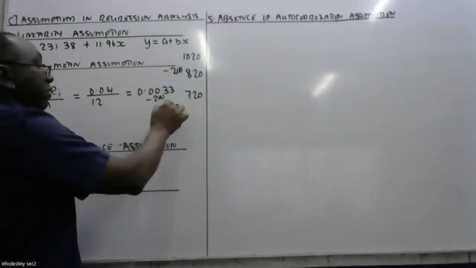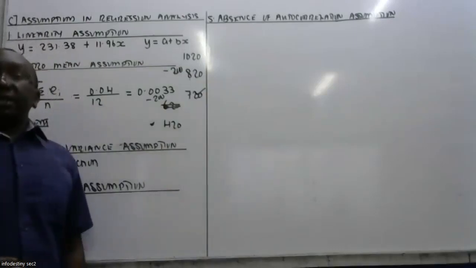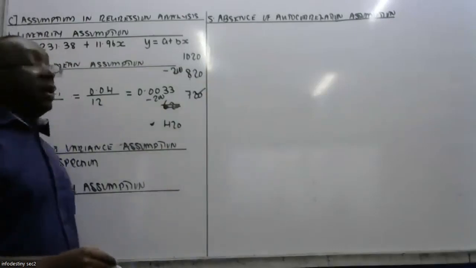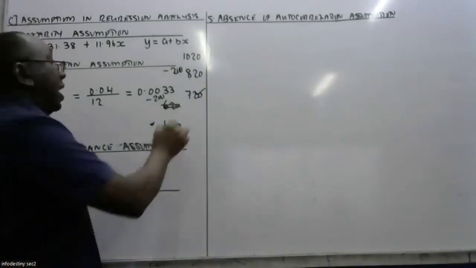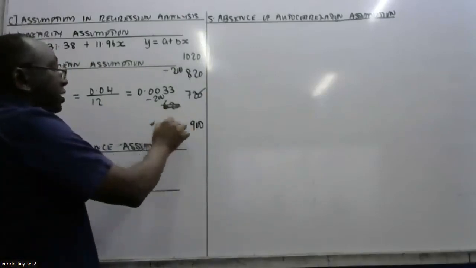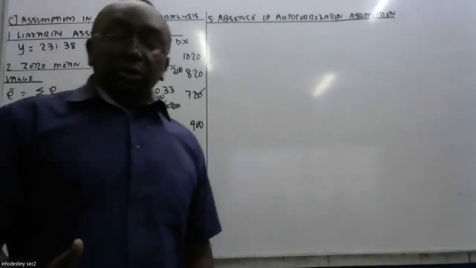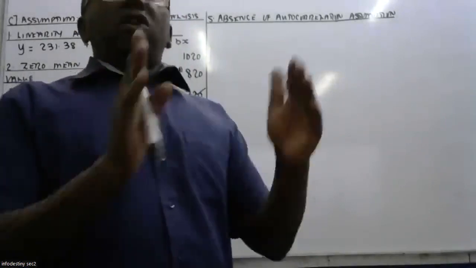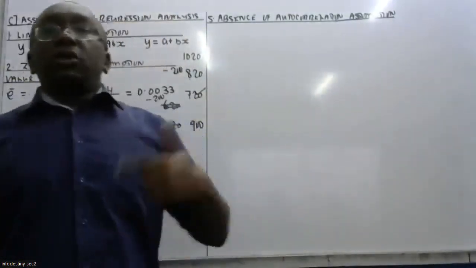But you see now, instead of getting 620, I am getting 720. The next value after 720 is 900. Instead of getting 420, I'm getting 900. So that tells you, by knowing a few of them, you cannot tell the others. So those values are not correlated.